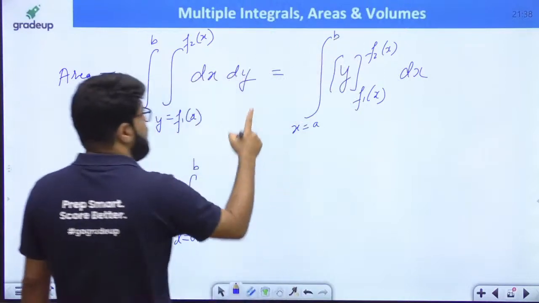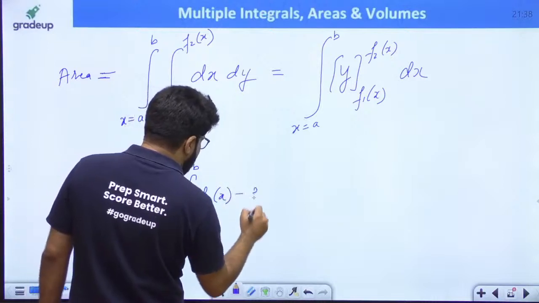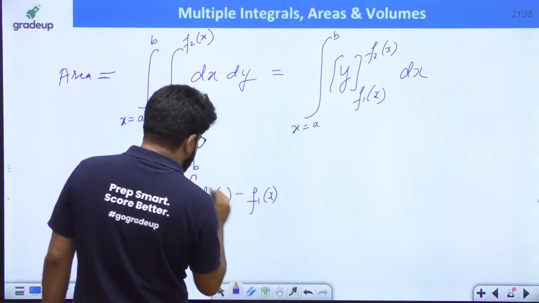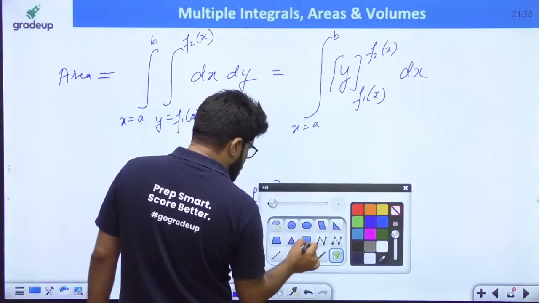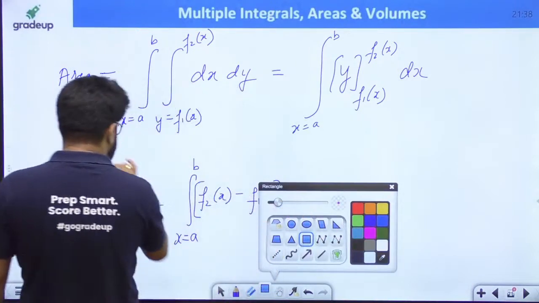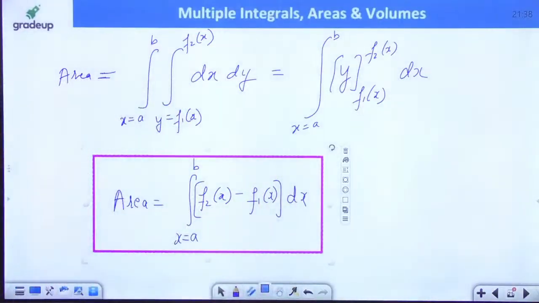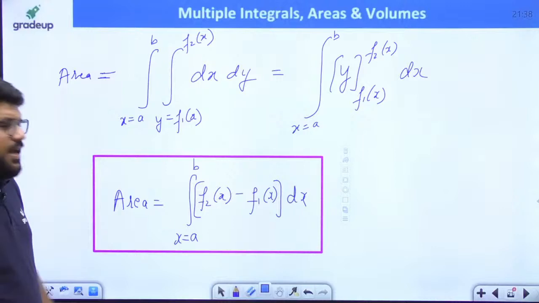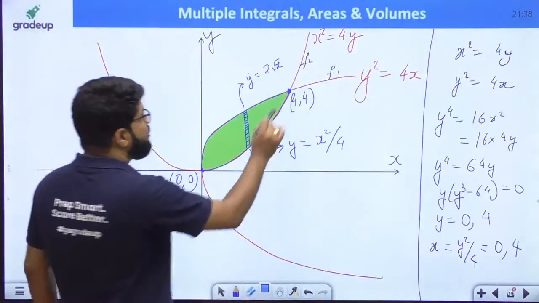For y, upper limit minus lower limit, so it is f2(x), the upper function, minus the lower function, dx. So directly also you can solve this integral. The area is integral x equal to a to b, f2(x) minus f1(x) dx. What is the f2(x)?